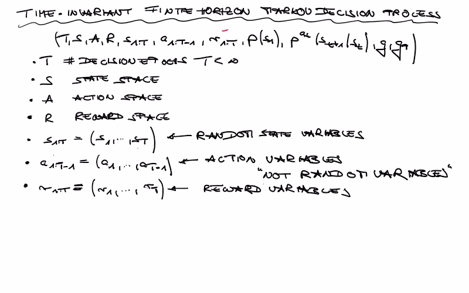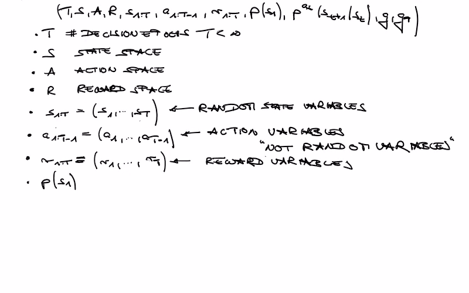So what is P(S1)? That's the initial distribution over states, a probability distribution over S1, so over the random variable S1. That needs to be specified, otherwise the problem cannot be simulated or solved.